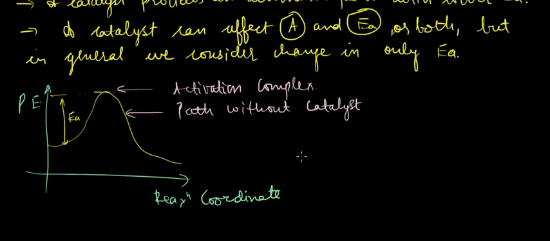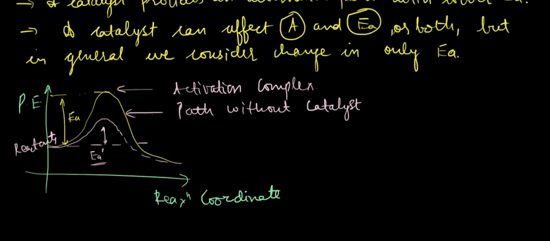Now what will be the path in presence of catalyst? This would be the path in presence of catalyst. We see a significant lowering of the activation energy which is required to convert the reactants into products.